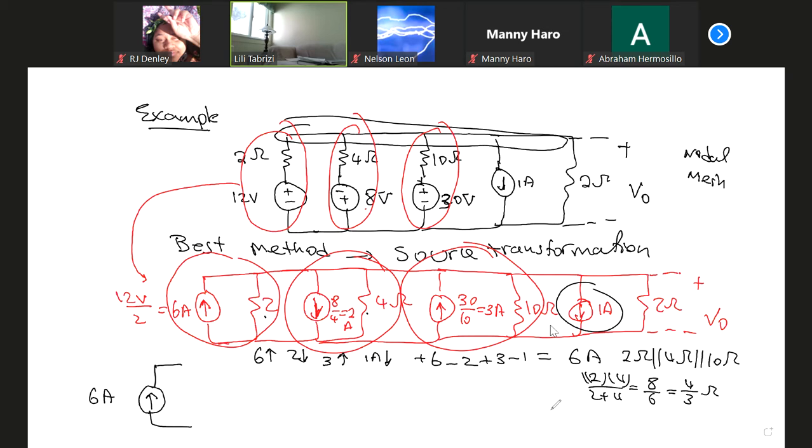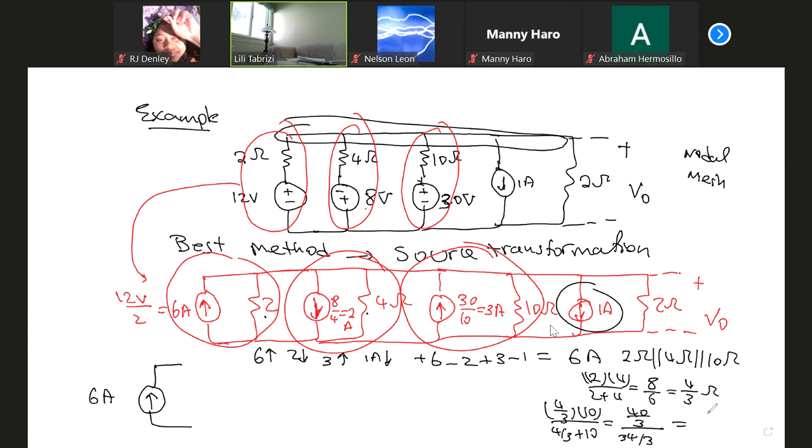Then you have 4/3 in parallel with 10 ohm. So you have 4/3 times 10 over 4/3 plus 10. It's equal to 40 over 3 divided by 34 over 3.